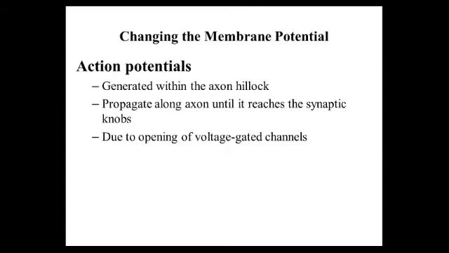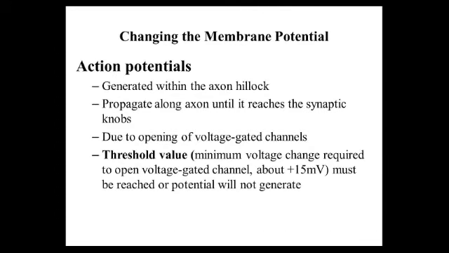Now we're going to use that change in a graded potential to cause the opening of the voltage gate. That creates your action potential. As we mentioned just a second ago, that threshold value is at a 15 millivolt change. We've got to change it typically from -70 to -55, and once we reach the happy little -55 in the axon hillock, then it creates an action potential.